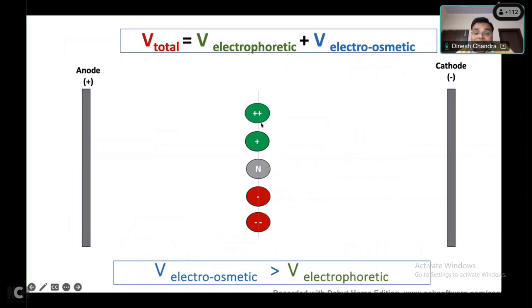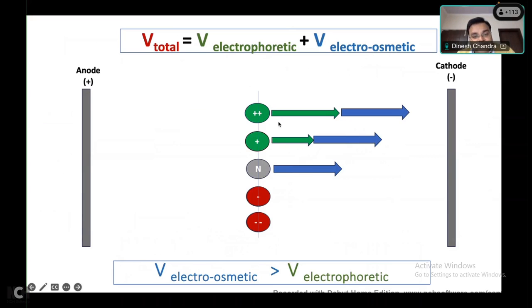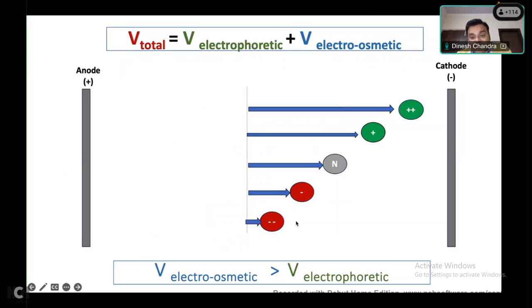On the basis of the charges, the electroosmotic flow is always greater than the electrophoretic charge. So whatever the movement is, it is towards the cathode. Neutral molecules have no charge, so the ultimate force is the electroosmotic force. For the positive cations, both the electroosmotic force and the electrophoretic charge determine the movement. The anions move towards the anode, but as I said, the electroosmotic flow is more than the electrophoretic charge, so ultimately they come towards this side.